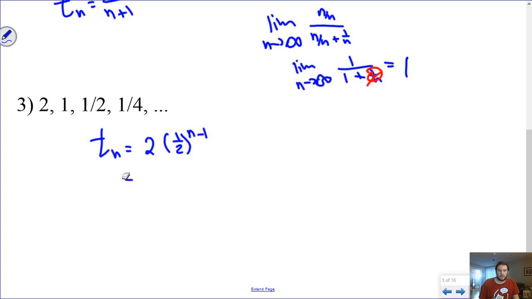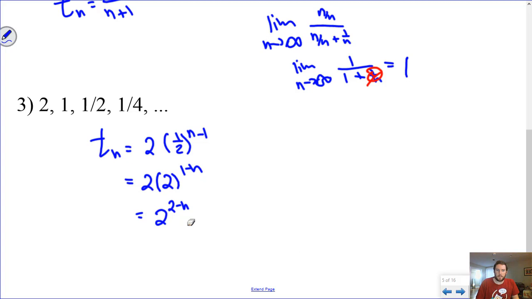I could simplify this thing a little bit because this is 1/2 to the negative 1, or we could flip this and say that this is 2. So this would be 2 times 2 to the 1 minus n, which is 2 to the 2 minus n. Alright, so there's my general term.